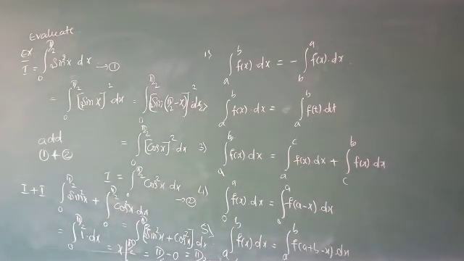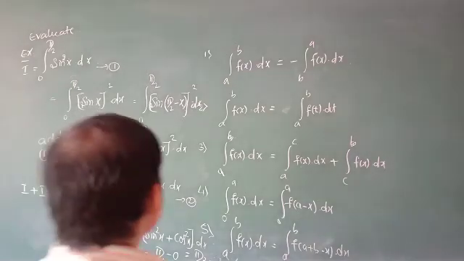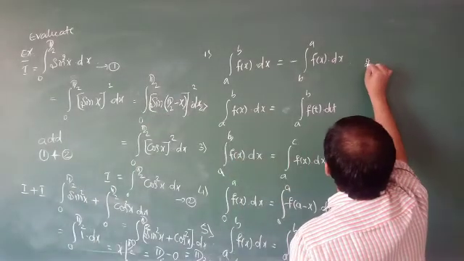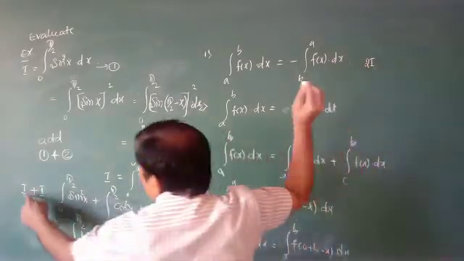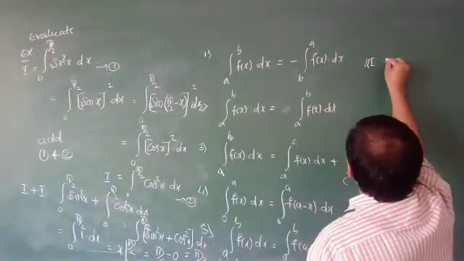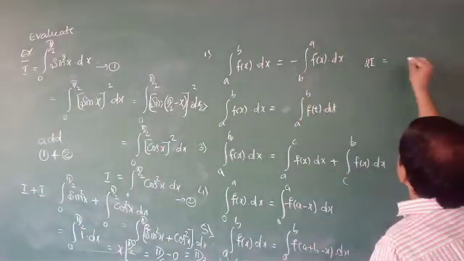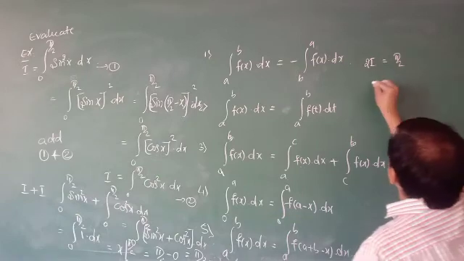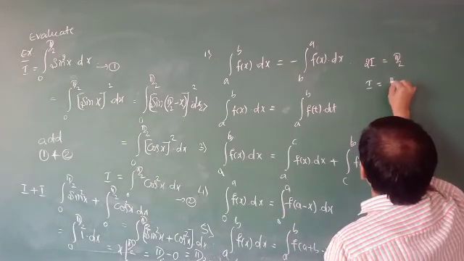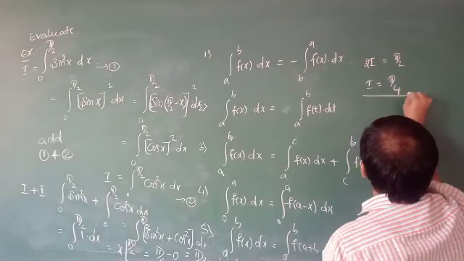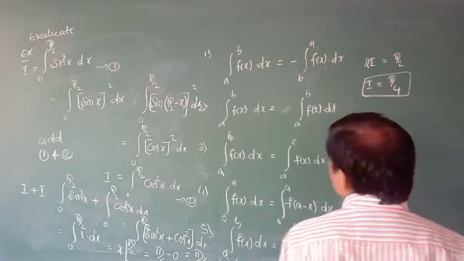What is its value? Pi by 2. So then I plus I is equal to what? 2I is equal to pi by 2, so I is equal to what? Pi by 4. I is equal to pi by 4.